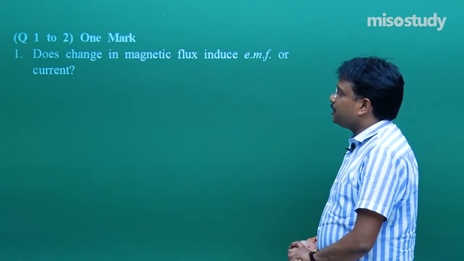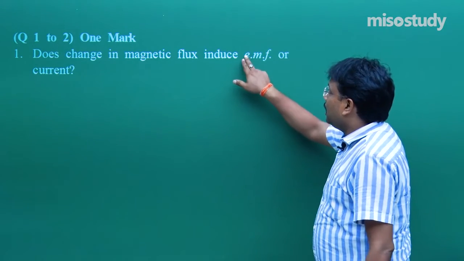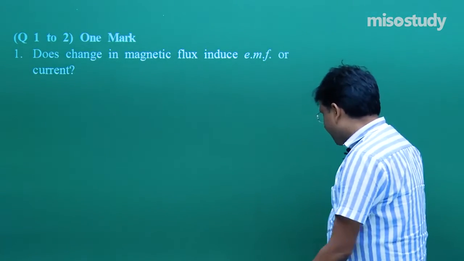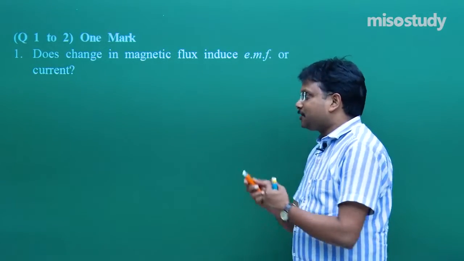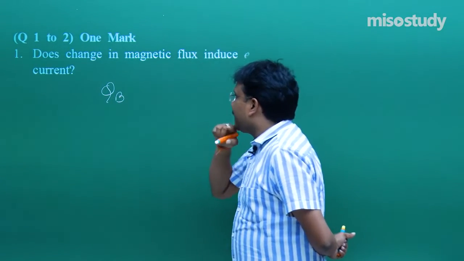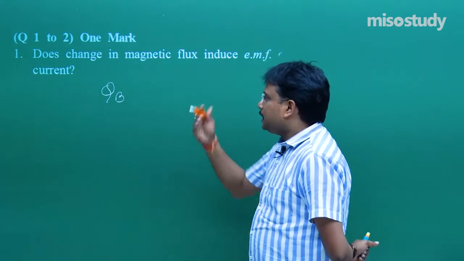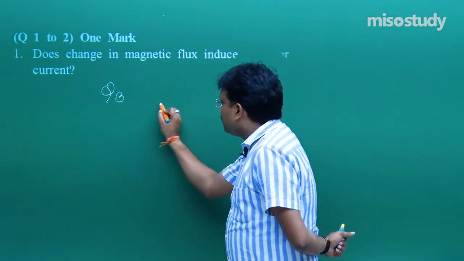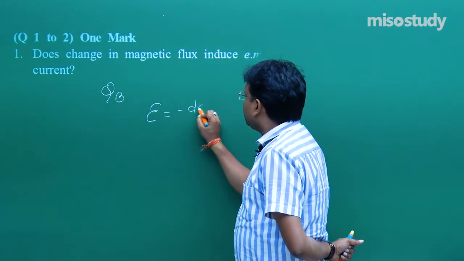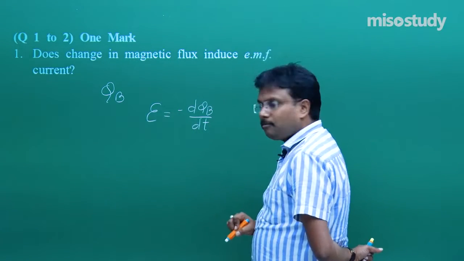Now this question is, does change in magnetic flux induce electromotive force or current? So it is a confusion in the mind that flux change, that is phi B, is giving me basically EMF or current. So simple, till now we learned that induced EMF is equal to minus d phi B by dt. Fine.